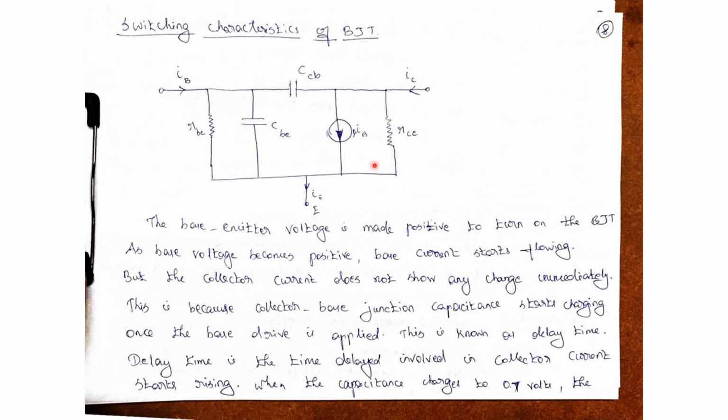While the base current flows, the capacitance CBE gets charged. The voltage of the CBE capacitance should reach 0.7 volt. If it reaches 0.7 volt, then the collector current starts rising steadily to a steady state.